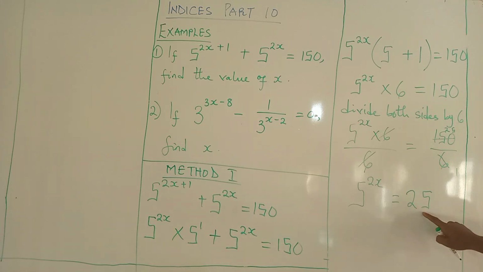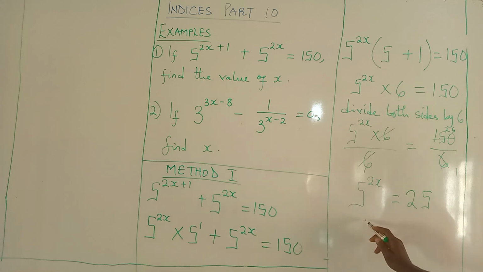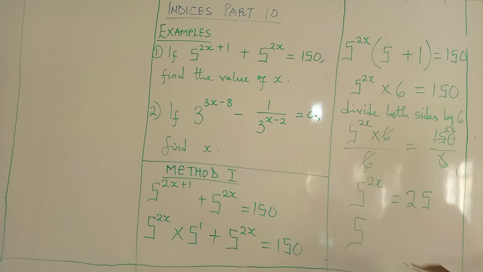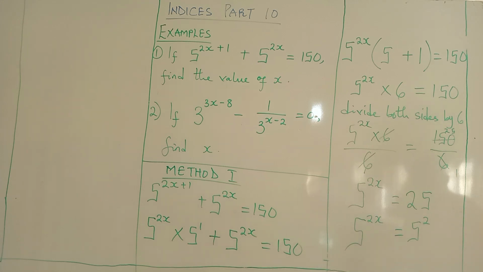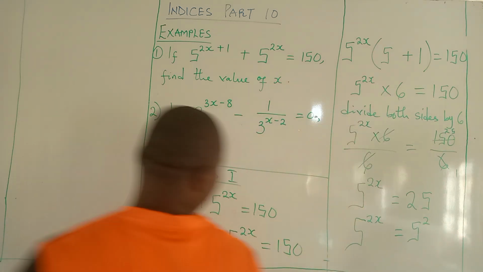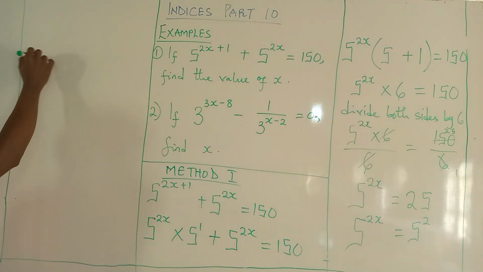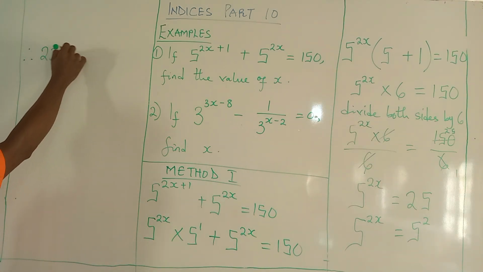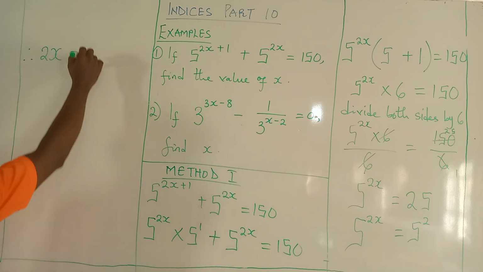And so 25 is the same thing as 5 raised to power 2. So this is 5 raised to power 2x is equal to 5 raised to power 2. Now you notice that the base in the left hand side is 5, the base in the right hand side is 5. It therefore means that the powers must be the same. So 2x is equal to 2.